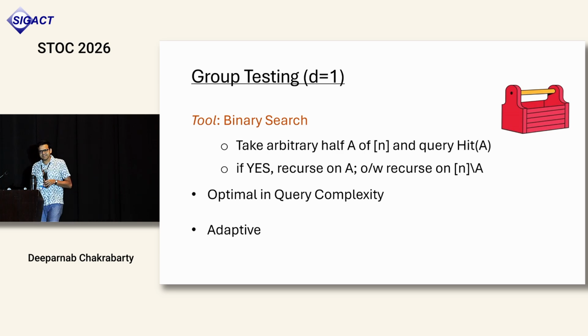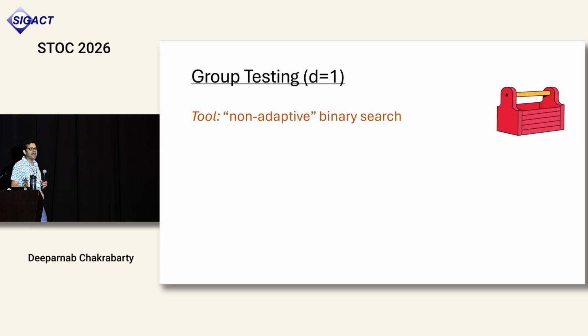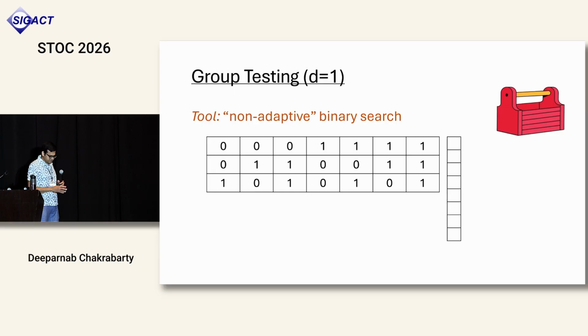So the next tool I call non-adaptive binary search: you can actually solve this problem in log n queries in just one round. It's a nice exercise if you have not seen it, and the way you do it has a connection to coding theory.